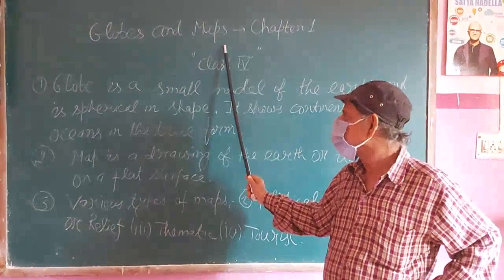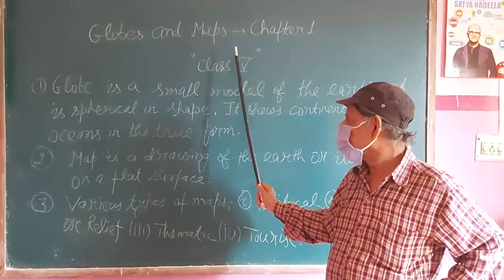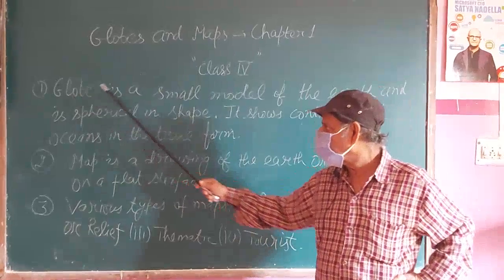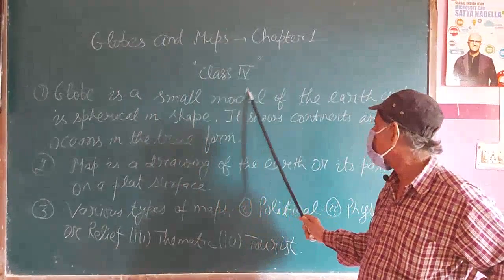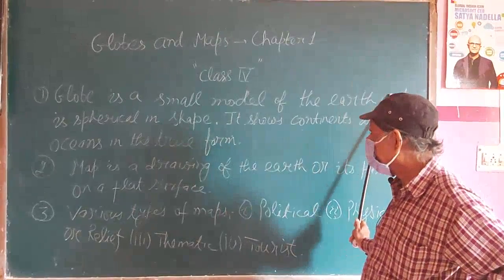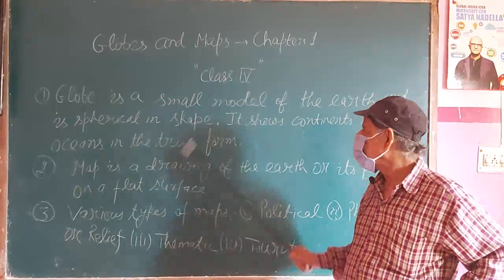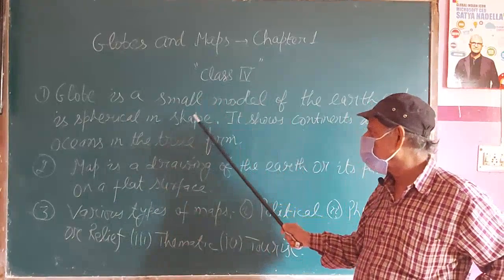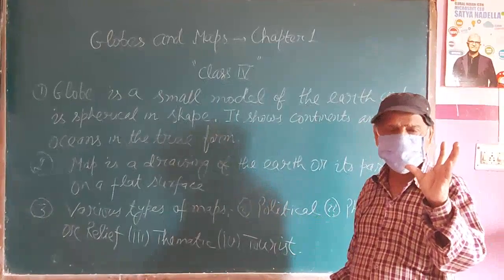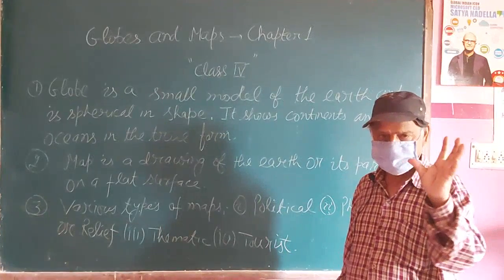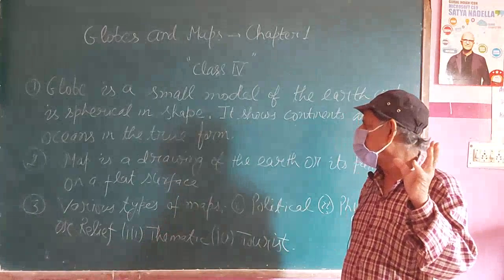Now see, you can read here, a globe is a small model of the earth and it is spherical in shape. You can see it is a very small model of the earth.